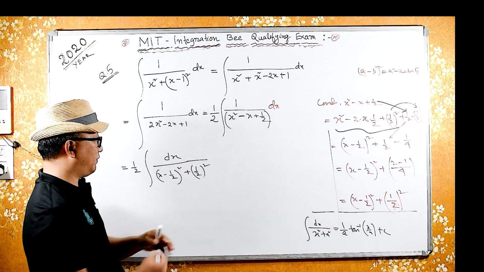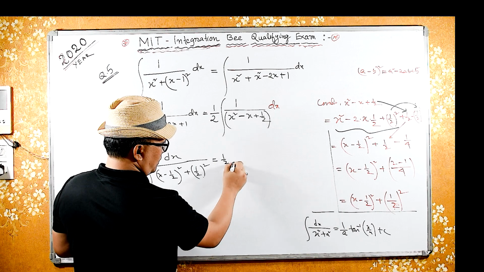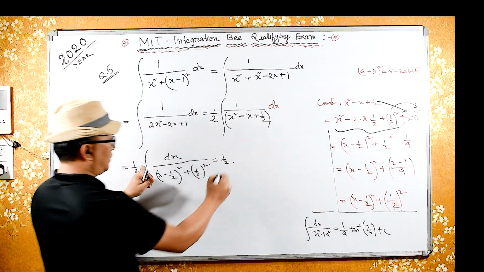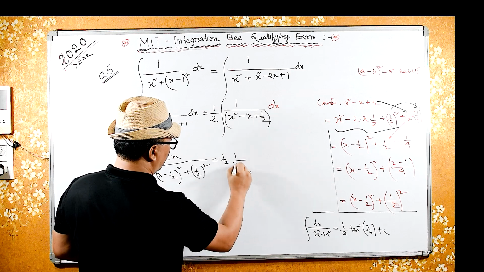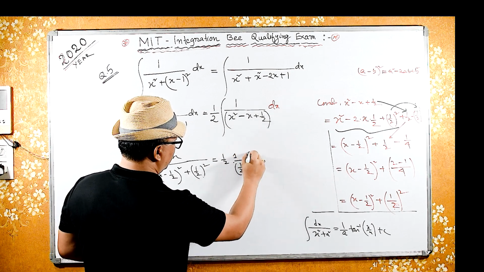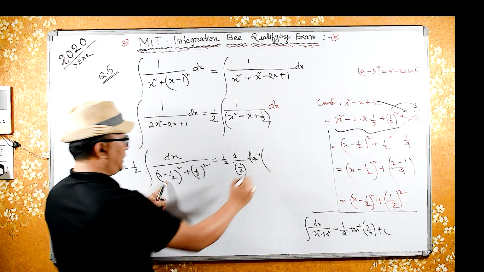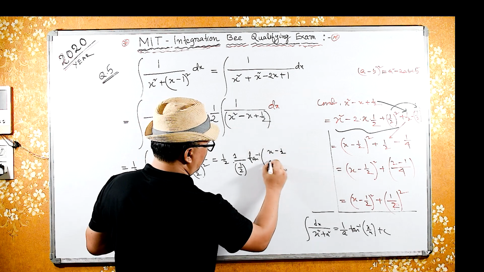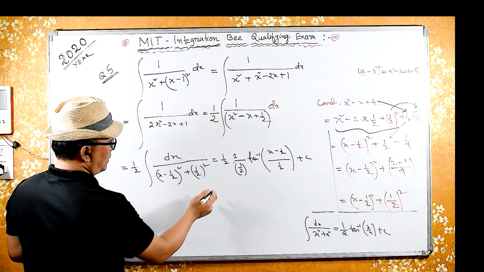Constant term is what? Half. Therefore, this is the same as half, 1 by a. Half we already have. 1 upon a means what? Here half. 1 by a tan inverse x by a. Here x is x minus half upon a is half, plus some constant.